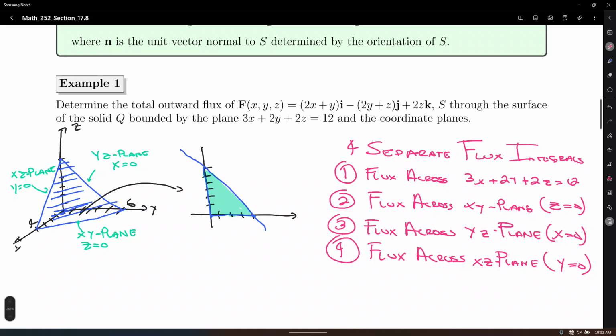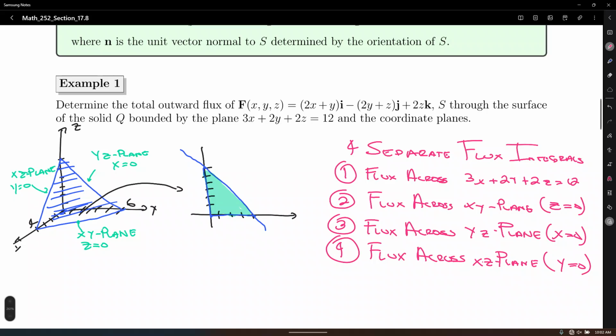Remember how we started the hard way, evaluating line integrals, parameterizing every C1, C2 on a triangle, right? It wasn't the craziest problem in the world, but it was not the most efficient way. We can still do one of those, I mean, for the line integral. So what I want you to see is the comparison. The pattern here is pretty much the same when trying to find the total flux.